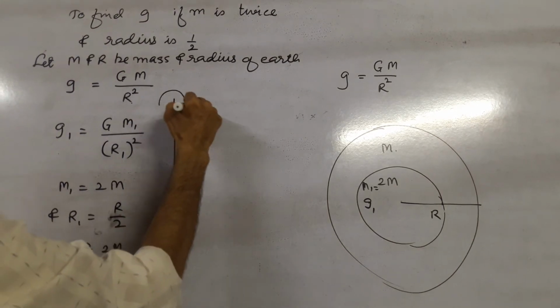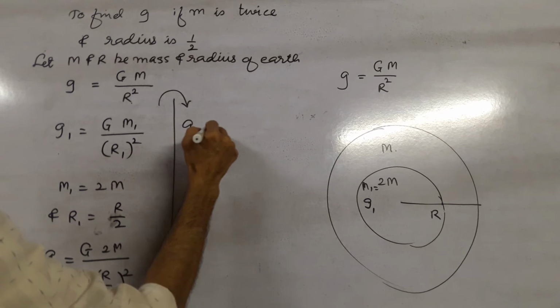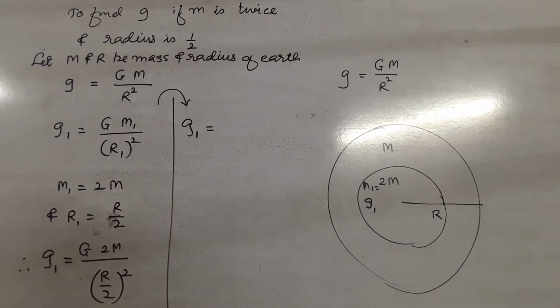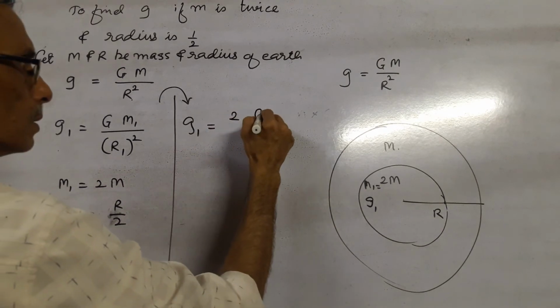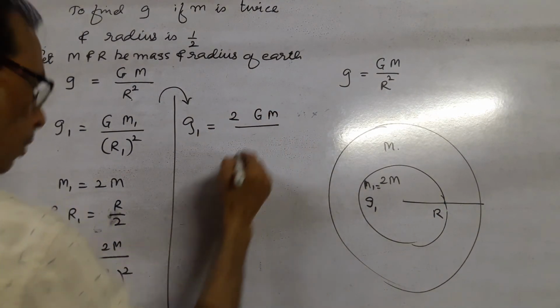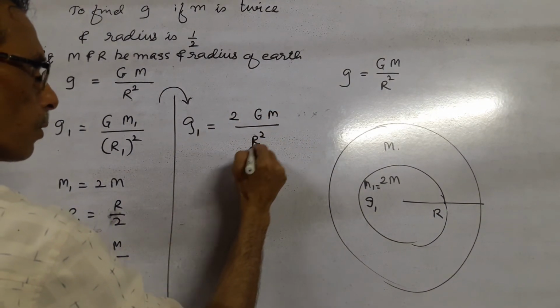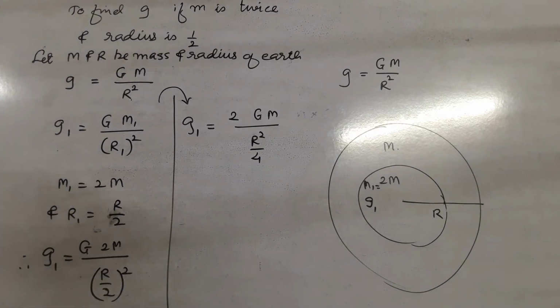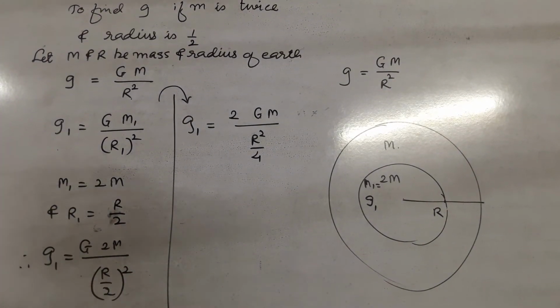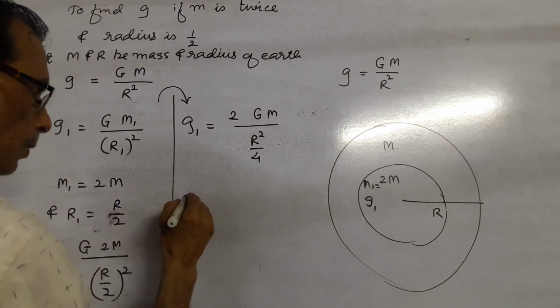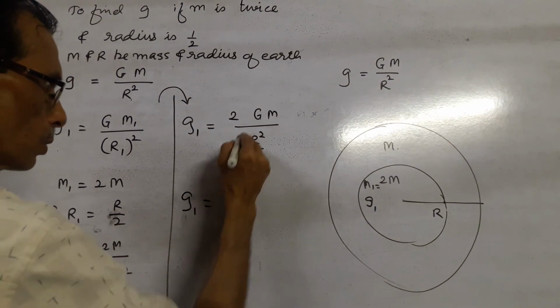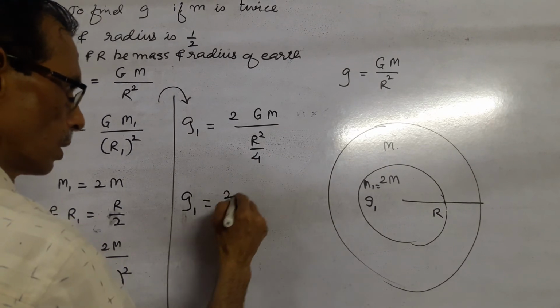and therefore the gravitational acceleration of that Earth will be g1 into GM upon R square upon 4. So squaring this, (R upon 2) square is R square upon 4, and therefore g1 is equal to 2 into 4.